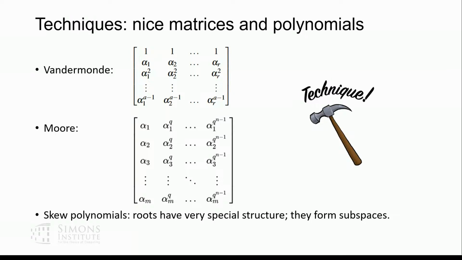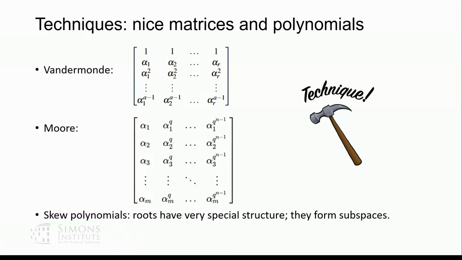And there are generalizations over finite fields, let's say F_q^n here. These are matrices whose determinant is non-zero when the alpha_i's are linearly independent over F_q.